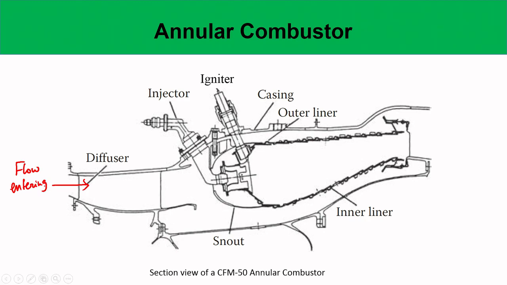The flow from the compressor enters and then passes to this diffuser, where as you see the cross section area increases.